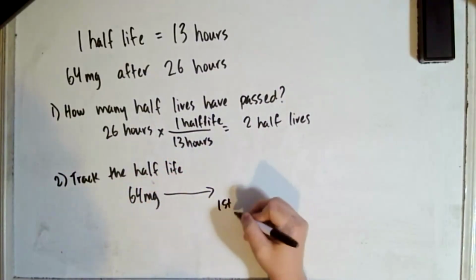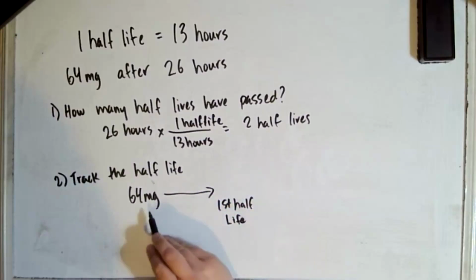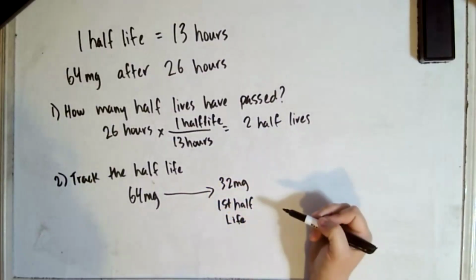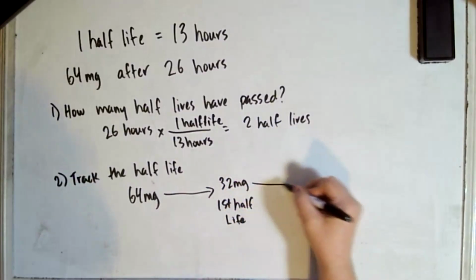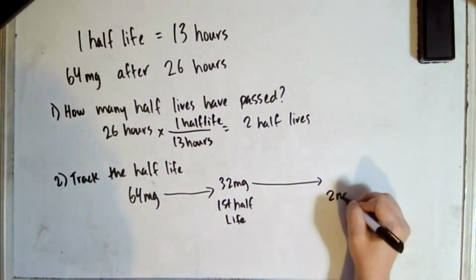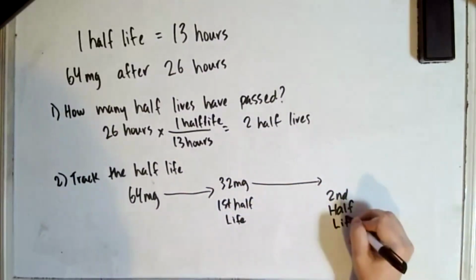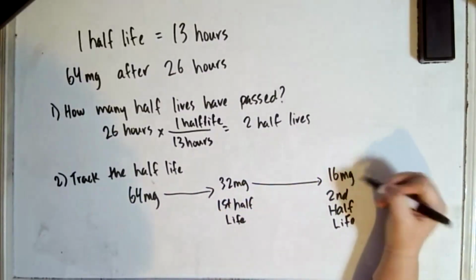And at our first half-life, we're going to be down by 50% of this. So we're only going to have 32 milligrams left. That's the amount that will be present at our first half-life, but we've gone through 2 half-lives. So at the point where we're at our second half-life, our 32 milligrams will have decayed down to 16 milligrams.